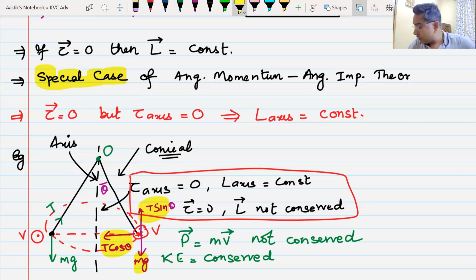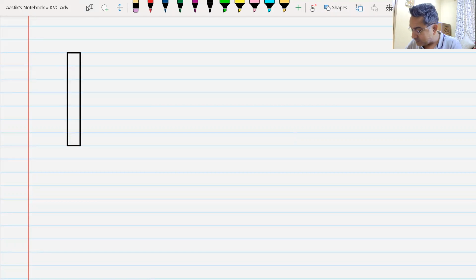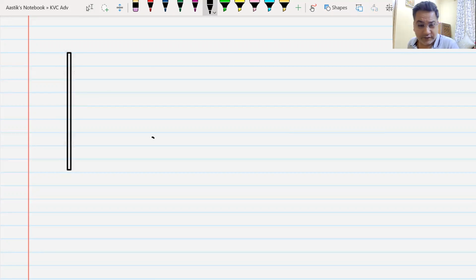So that is what you need to understand, what is conserved and what is not conserved. Let me give you some examples and you try to understand what is conserved and what is not conserved. Let us imagine there is a rod which is not hinged, it's not fixed.